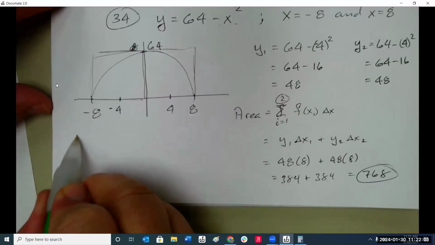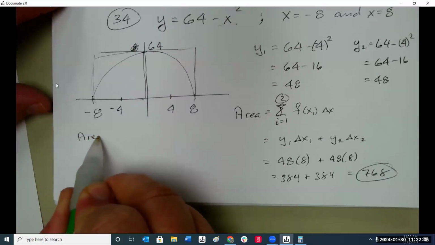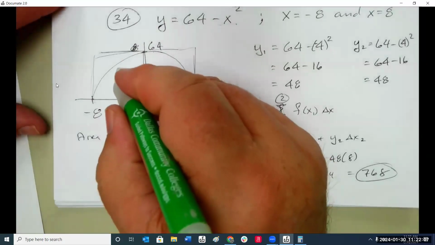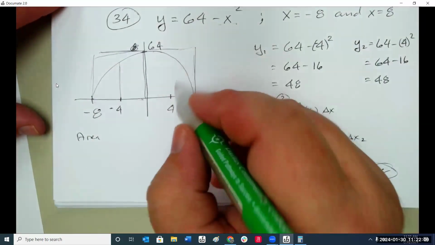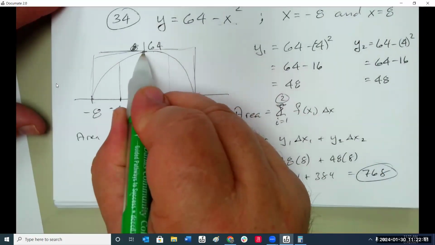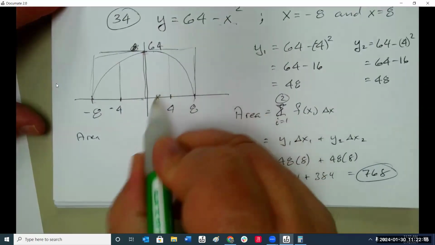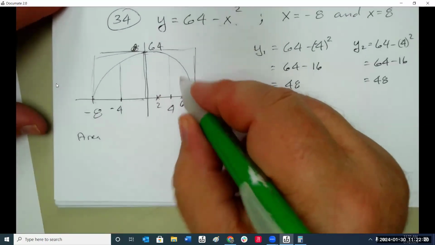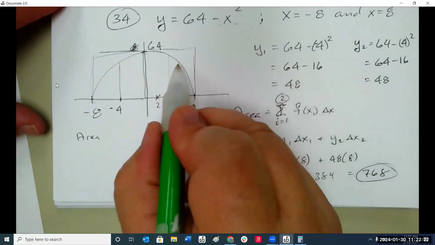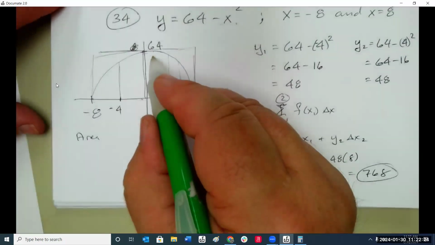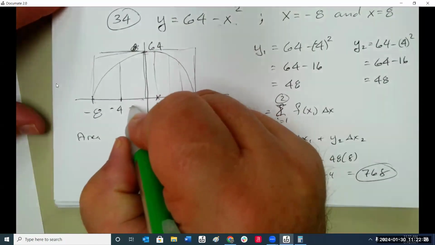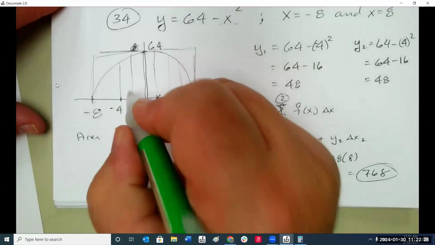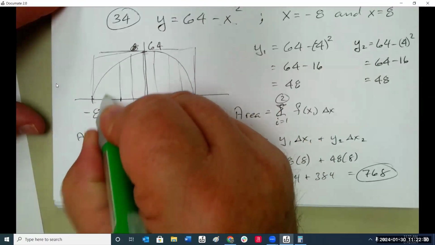We do the same thing now for 4. So here we have to take the heights at 2 and at 6, and at -2 and at -6.